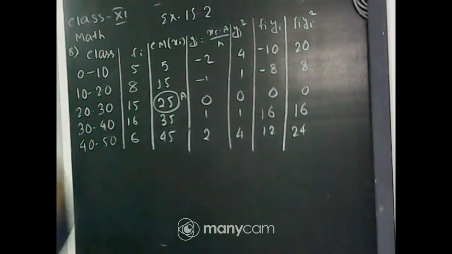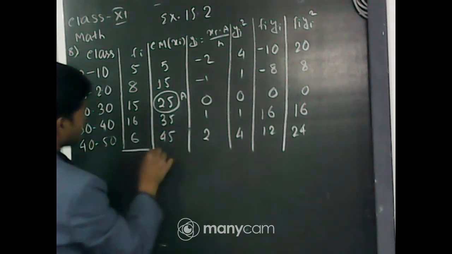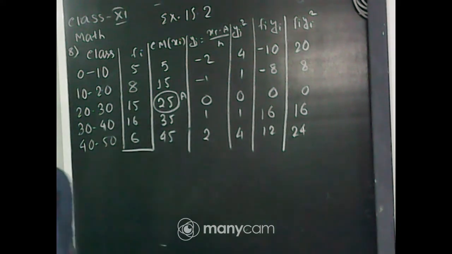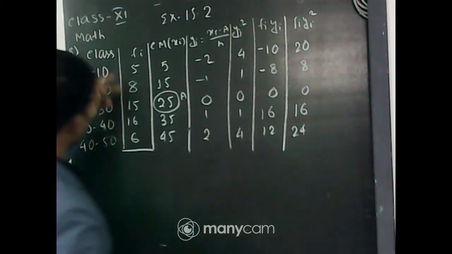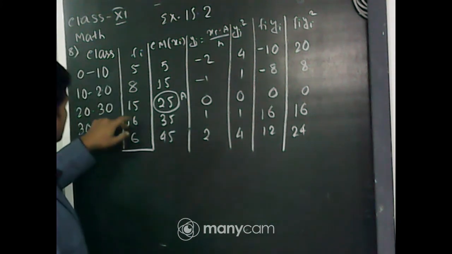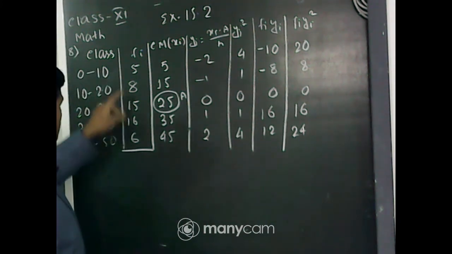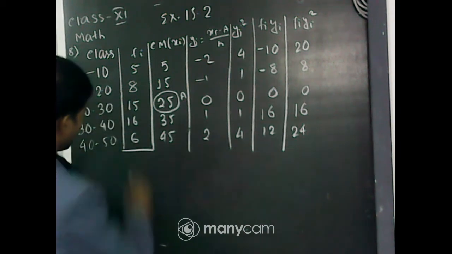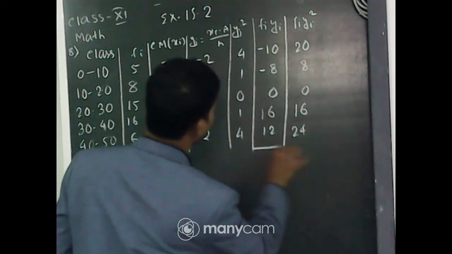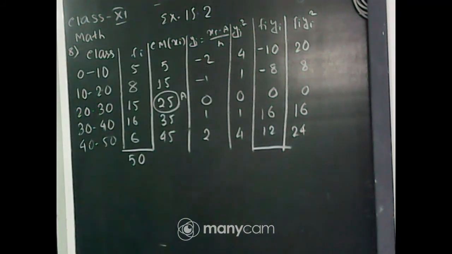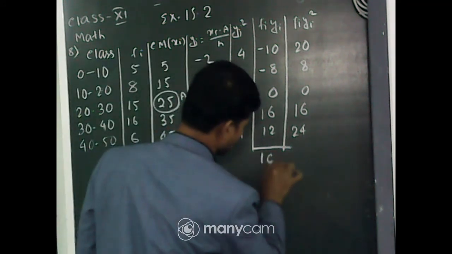So my table is now almost ready. Now find the sum of fi. If you add them, you can see that it is equal to 50. Now find the sum of fi yi, which is 10.